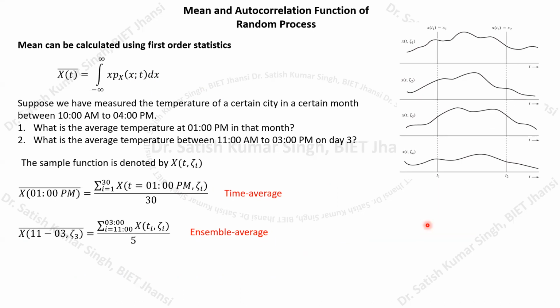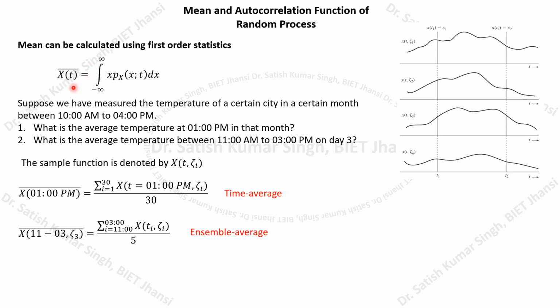The way we calculated the mean in the case of a continuous random variable, if you remember, we had this particular expression: we had the random variable x, and we calculated the mean by the integration from minus infinity to infinity of x multiplied by the probability density function. A similar expression we can also have for a random process.